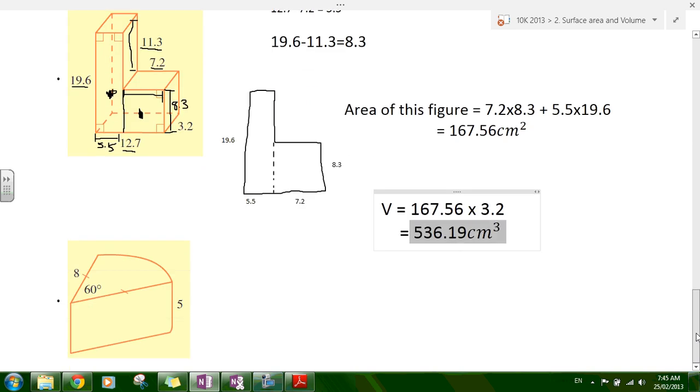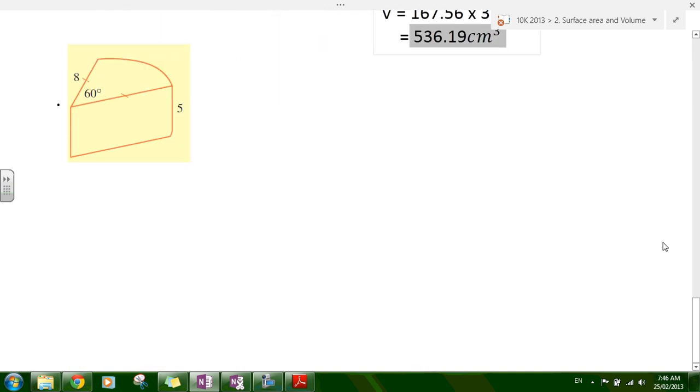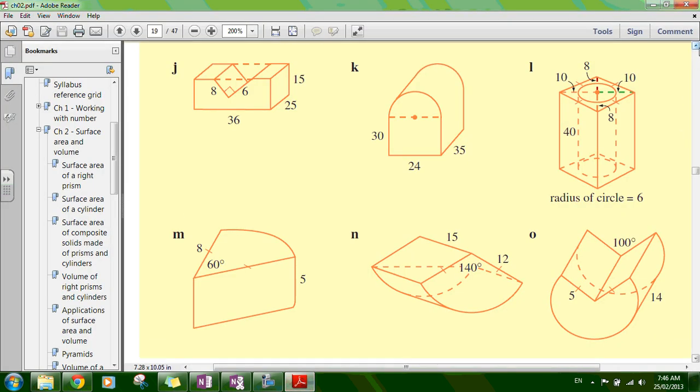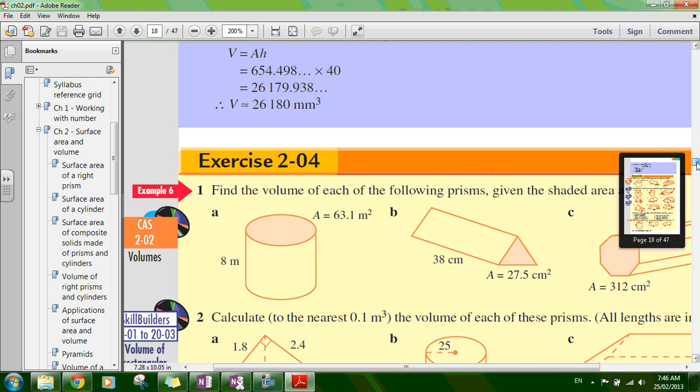Now I think I have one more example to do, but I'm going to leave that one, and let you have a look at the example in the book and copy it off. And I'd like you to work on the following questions from your book. Exercise 2.04.